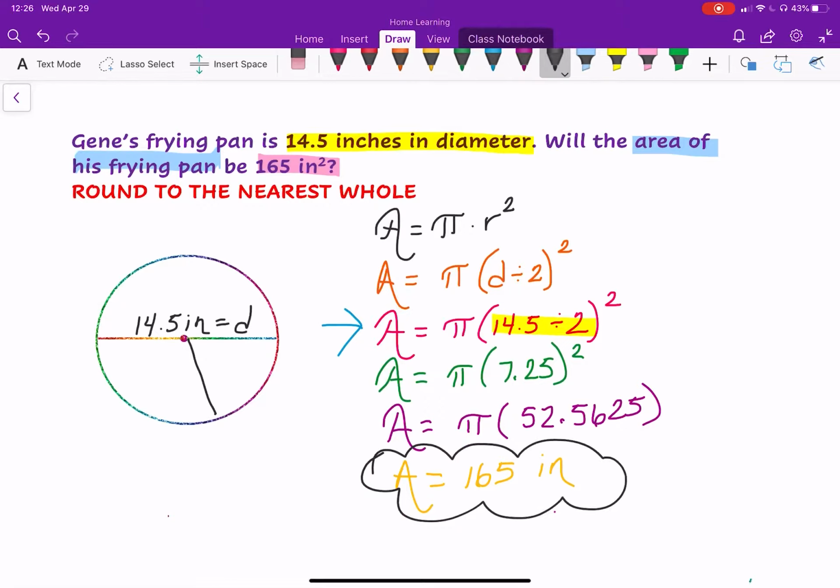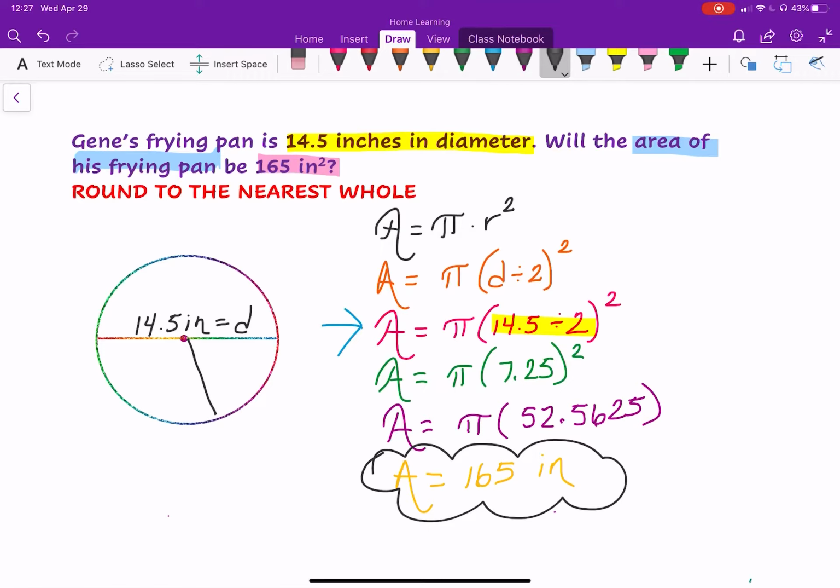And there we go. So we were trying to verify that the area of his frying pan was actually 165, which it was. So we used the formula pi times radius squared, but since we weren't given the radius, we replaced it with diameter divided by 2, which is the same thing as the radius.